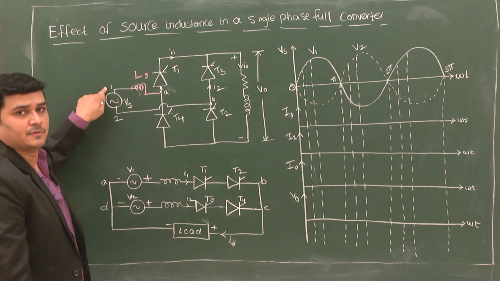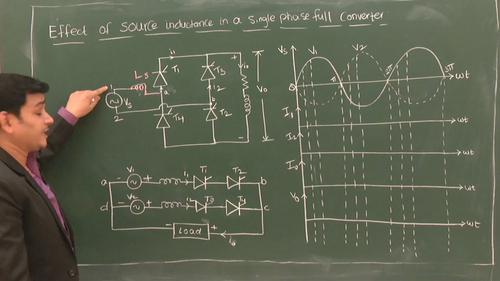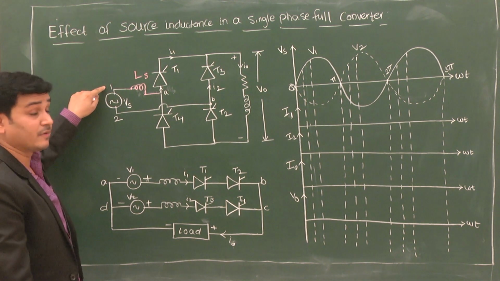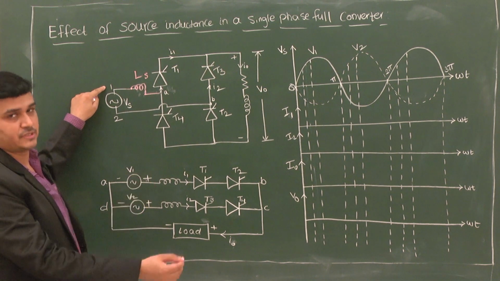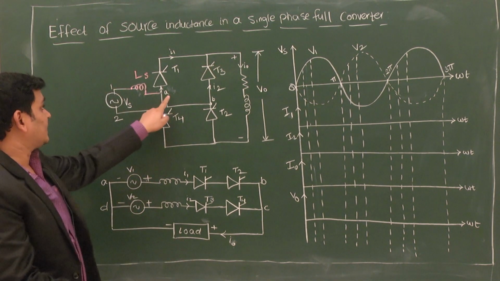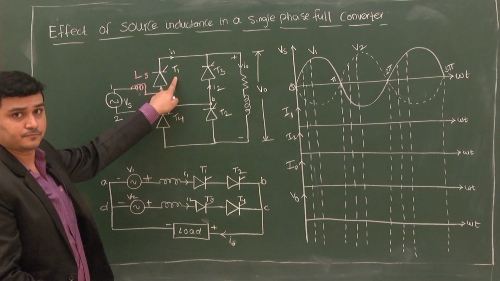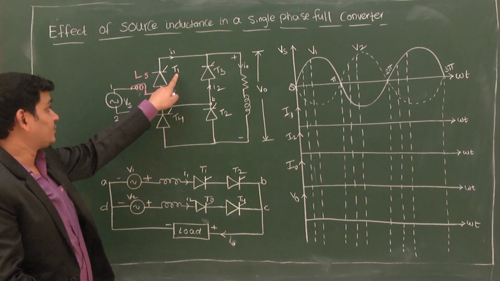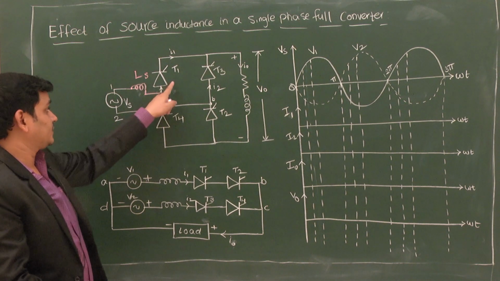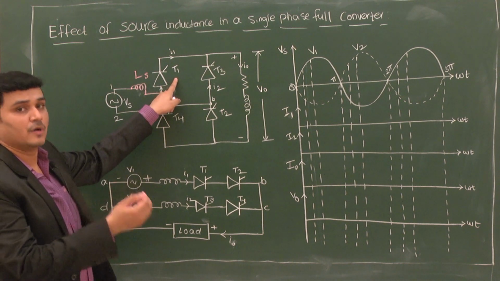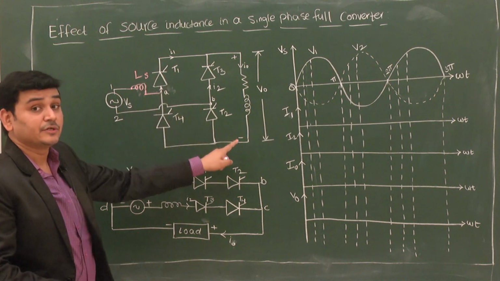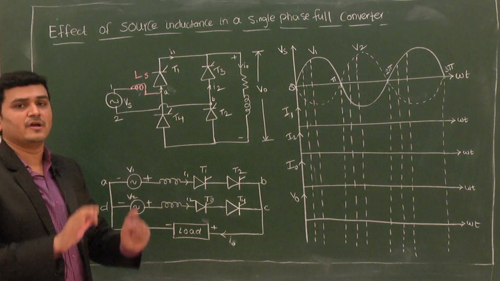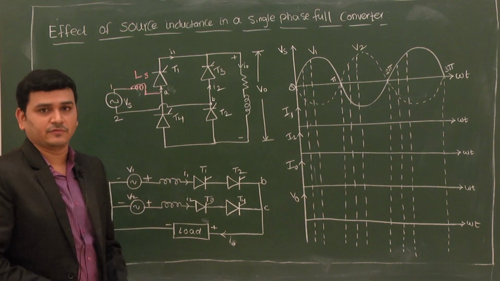If terminal 1 of the source is positive, then current I1 flows, and when the triggering pulse is given at omega t equal to alpha, thyristors T1 and T2 will be conducting, similar to the case you considered in the full wave rectifier.